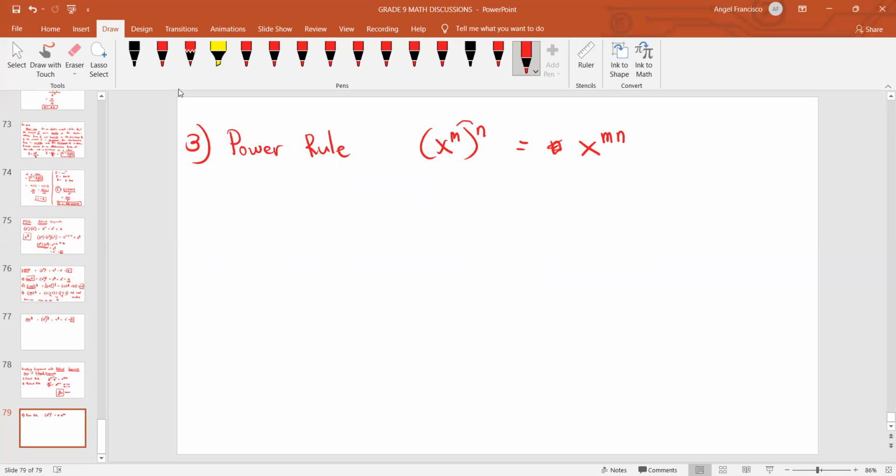Okay? So that is what you call power rule. So if there is a rational expression with a rational exponent, or there is already an exponent, and then on the outside of the parenthesis an additional exponent, you are going to multiply the exponents.